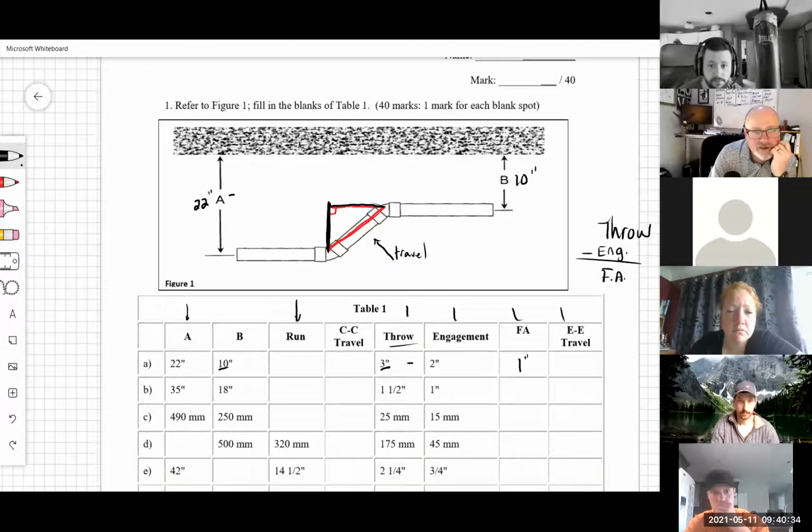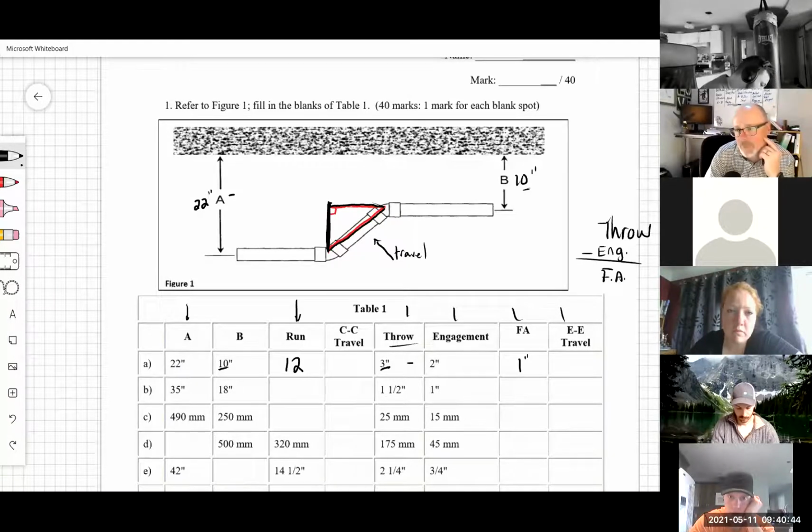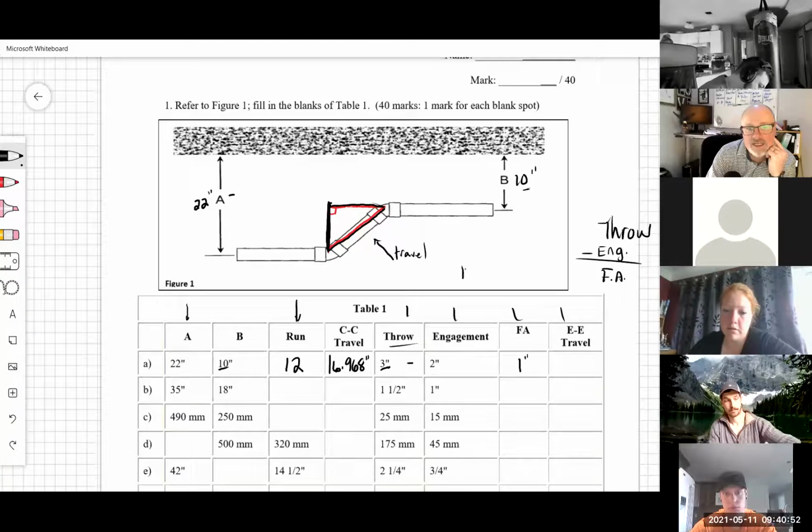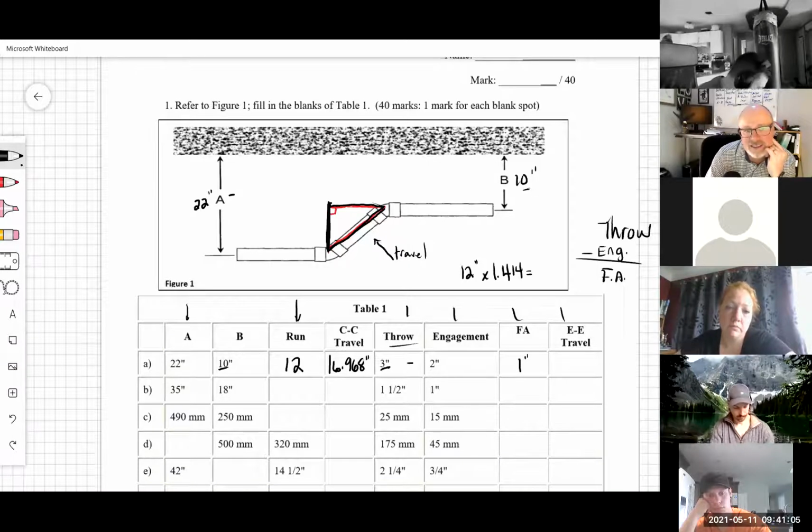We take 22 and we minus 10. So this is 12. So if this is 12, then what is my travel? 16.968. So what we did is took 12 inches and multiplied it by 1.414 to get my travel of 16.968. That is a center to center measurement.